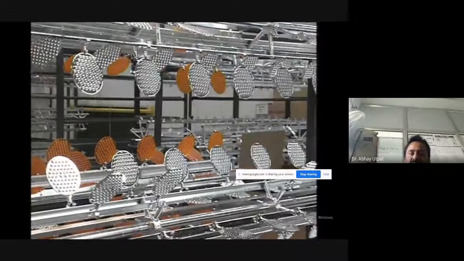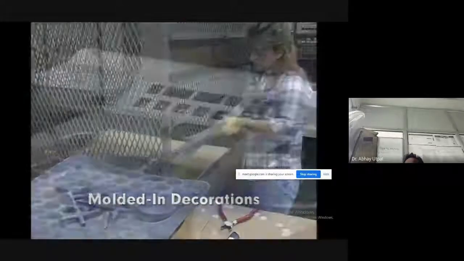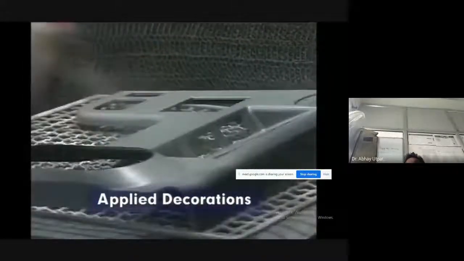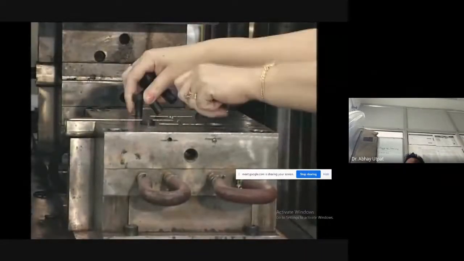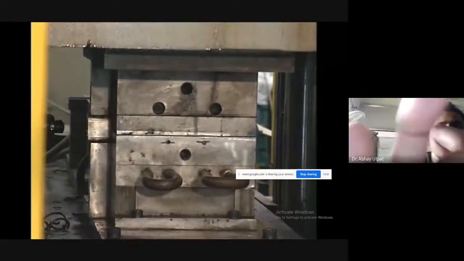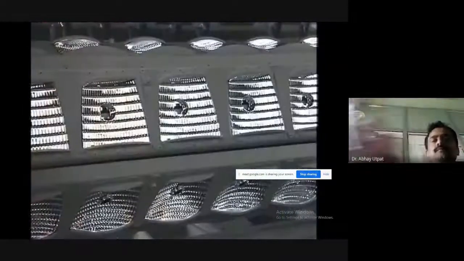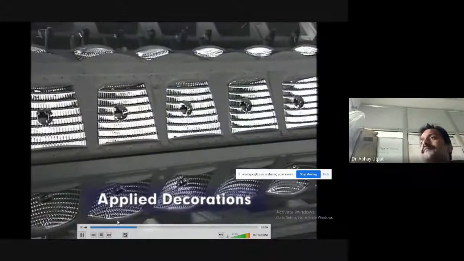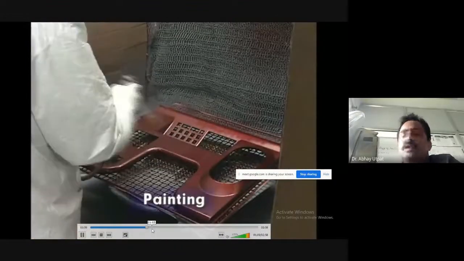These are the headlight covers which are coated with different paints molded in the decorations. Coating, painting.